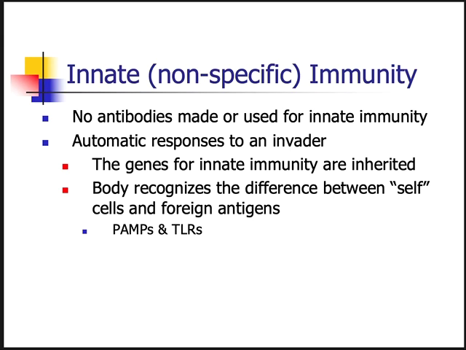Now, our body can recognize the difference between our own self and anything that's not part of our self, which is considered a foreign antigen, and we detect that using what we call toll-like receptors.